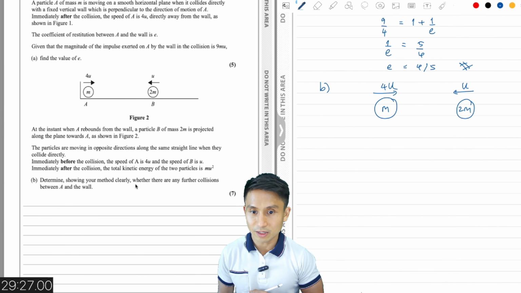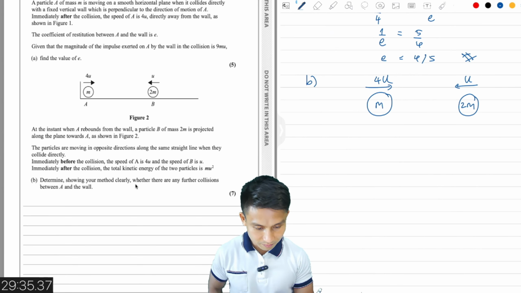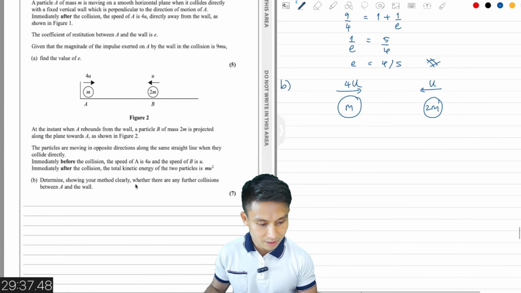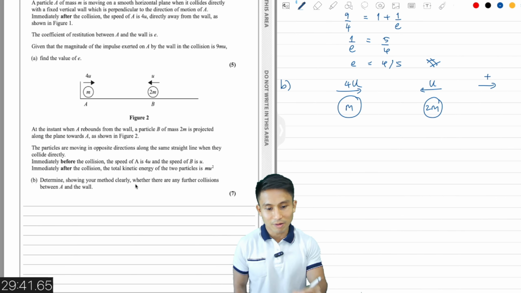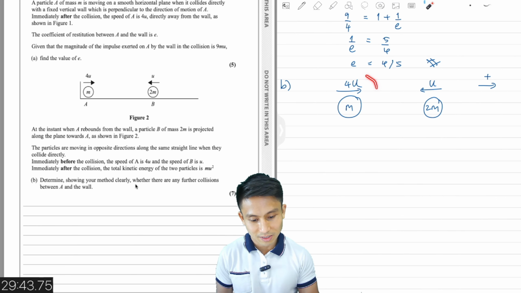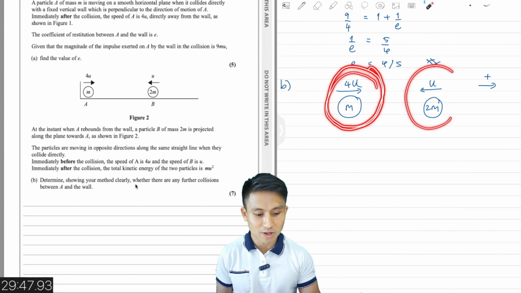Okay, I'm just checking the information here. Before the collision, the speeds. After the collision, the total kinetic energy. If we take this direction as positive, by the looks of it, this is 4mu and this is 2mu.